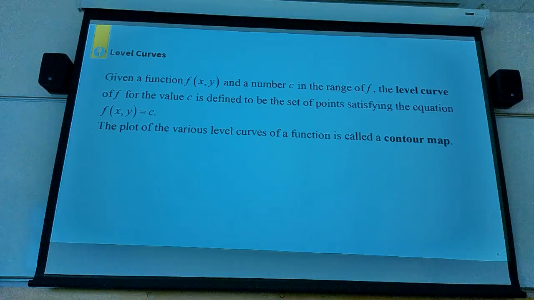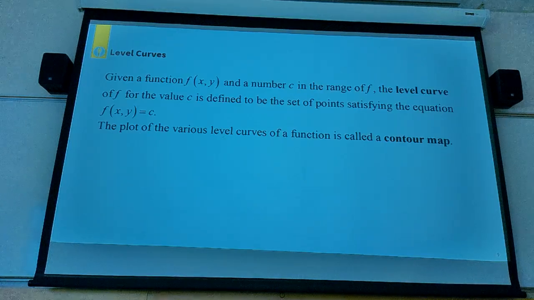And you're familiar with contour maps. If you've ever looked at a topographical map, they use level curves for altitude. Also, some temperature maps have temperature differentials, I think they're called.